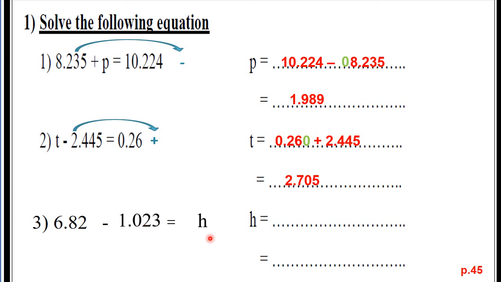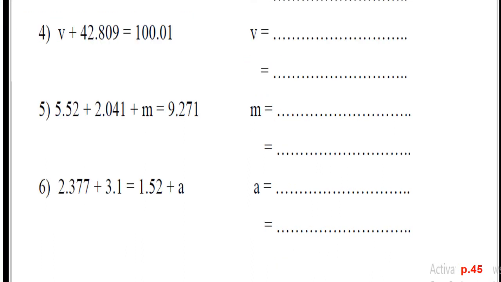So the h will be inside and the numbers will be on the other side. And now h equals 6.82 minus 1.023. If we calculate it, the answer will be 5.797 thousandths.